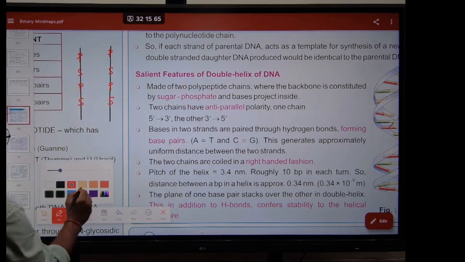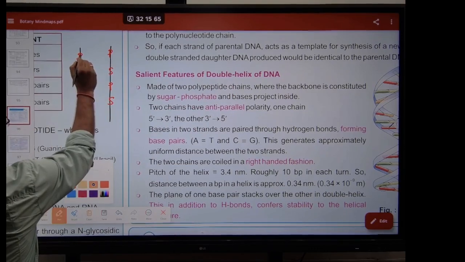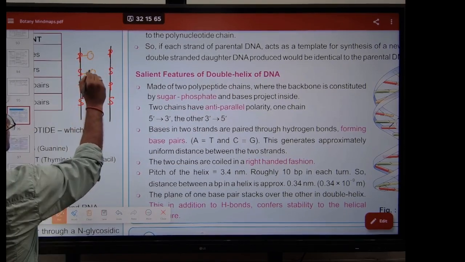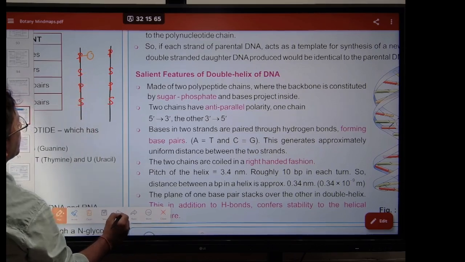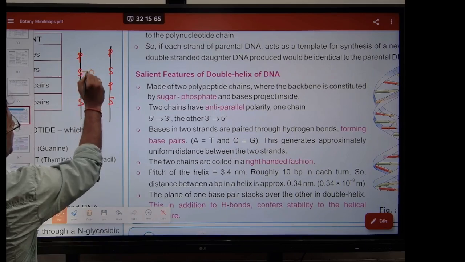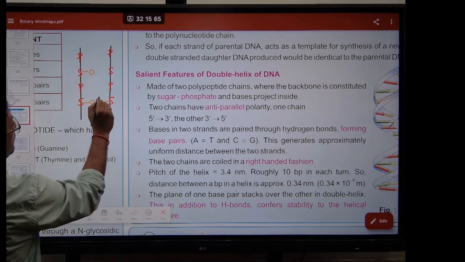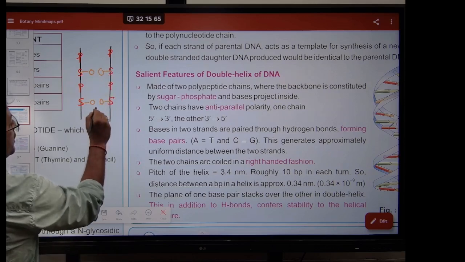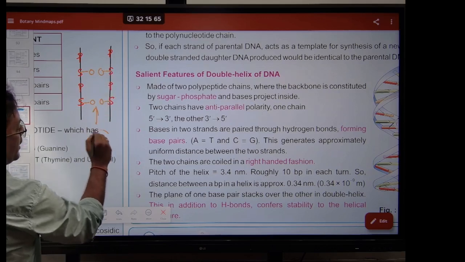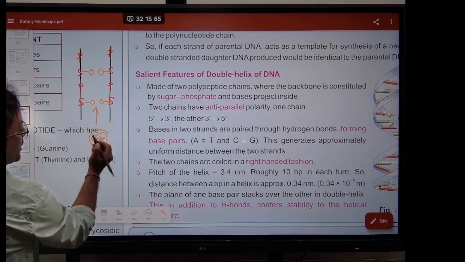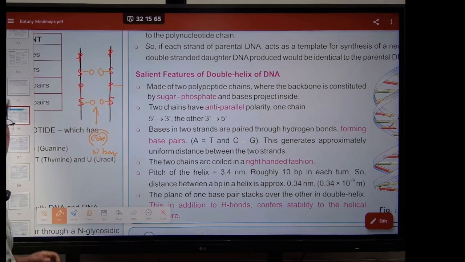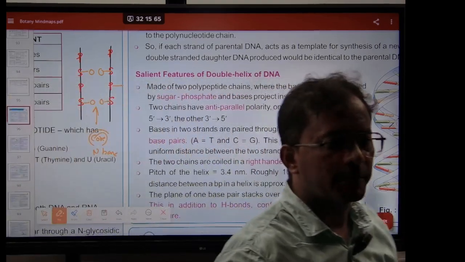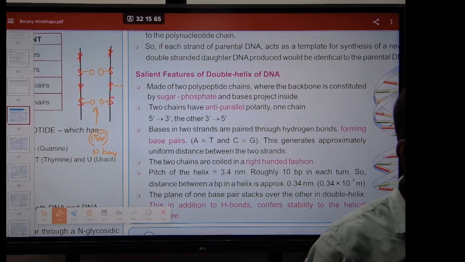Whereas the nucleotide bases project inside. That means the core of the DNA is made up of what, guys? Nitrogenous bases. Whereas the backbone is formed by the sugar and phosphates. That is the meaning of the sentence.